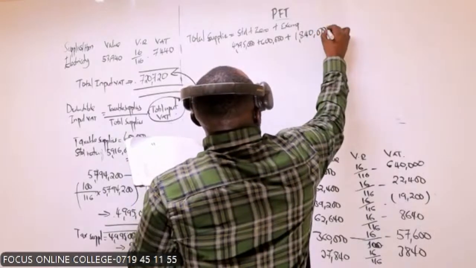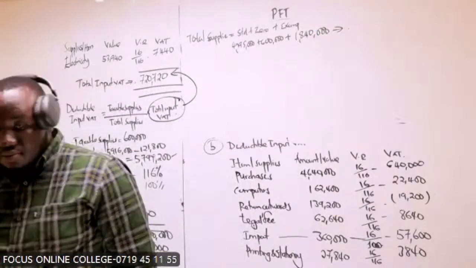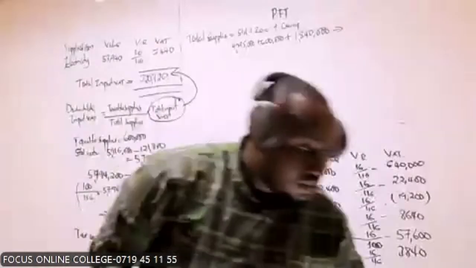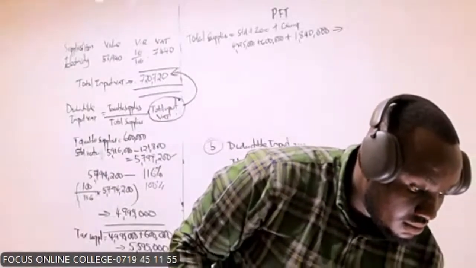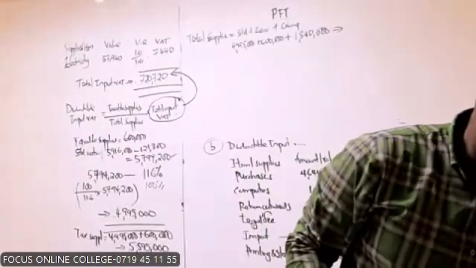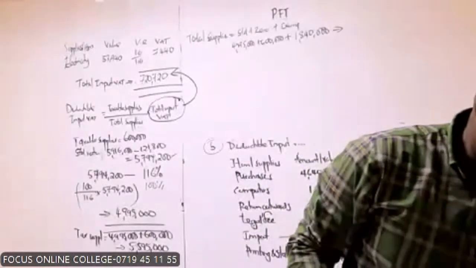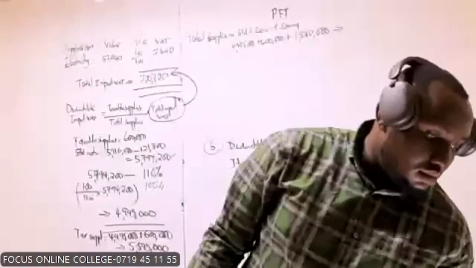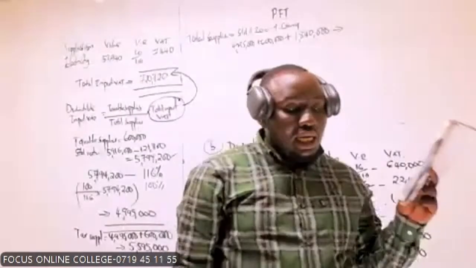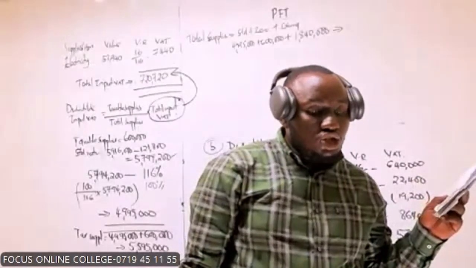So what is the total supplies? That's 1 million. Exempt is 1,840,000. So give me the total supplies.